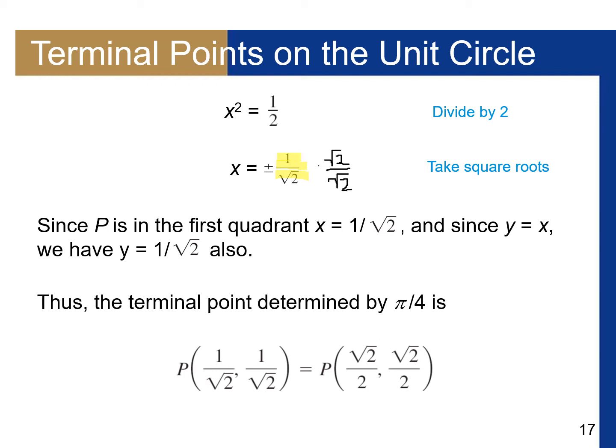And again, that's how I get the square root of 2 over 2 and the square root of 2 over 2 for my y value as well. They just happen to be the same. You should also recognize that this is a 45-degree angle when you're converting radians to degrees. Hopefully you caught that.